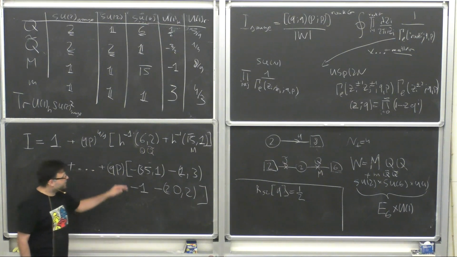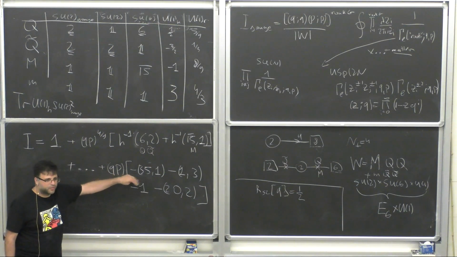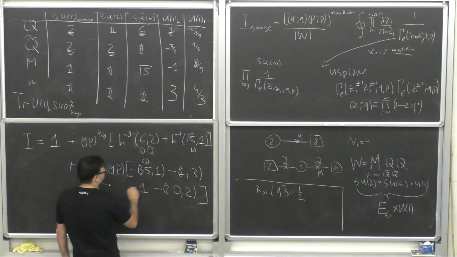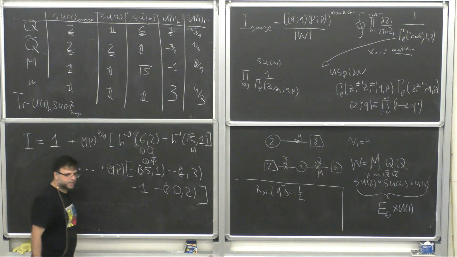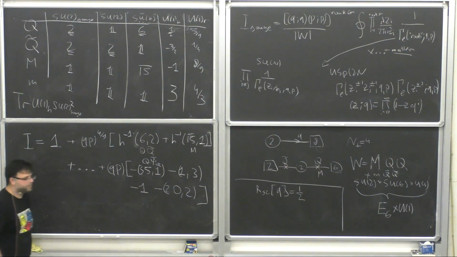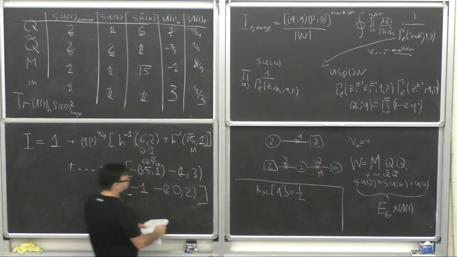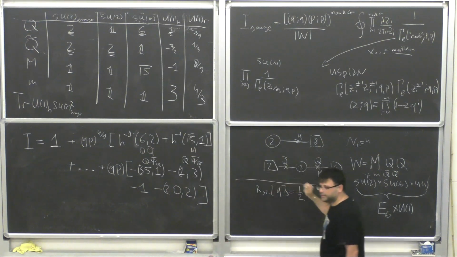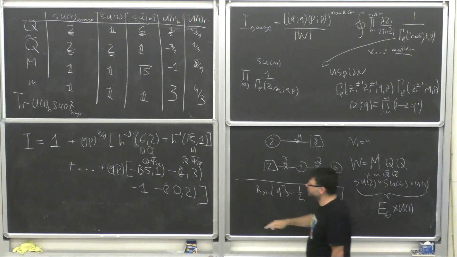You can trace in the index where each one of these contributions comes from. For example, this guy will come from Q, from this field Q, and the fermion that comes from the Q, let me denote it by psi bar Q. This will come from the Q tilde, psi Q tilde bar. There are these different operators which contribute, and so on.